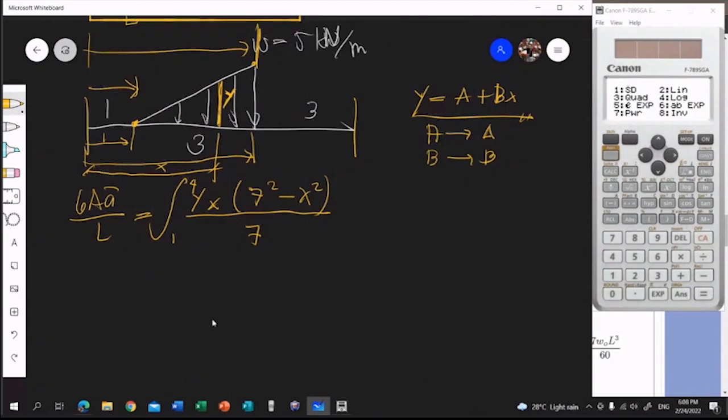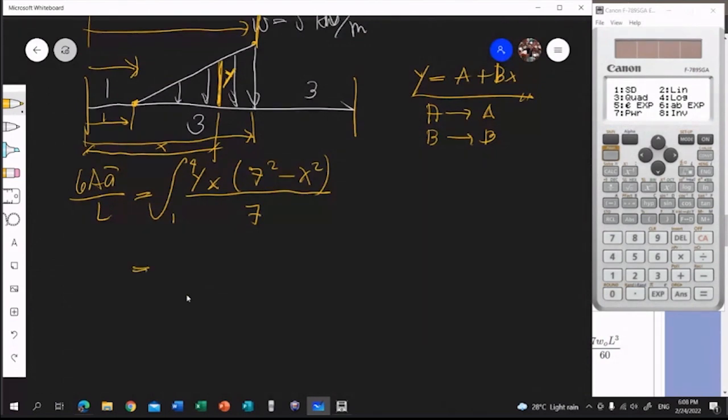Okay? Ano ang value ng y again? Isusulat ko lang dito. Ano ang value ng y? A plus bx times x times 7 squared minus x squared all over 7 from 1 to 4.